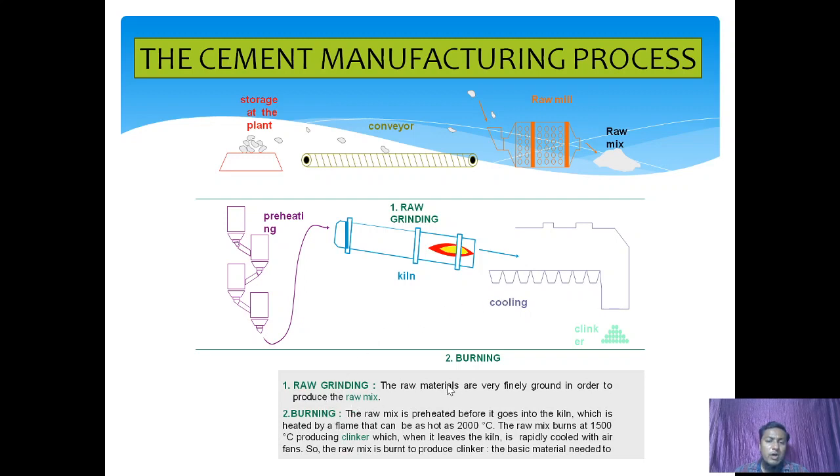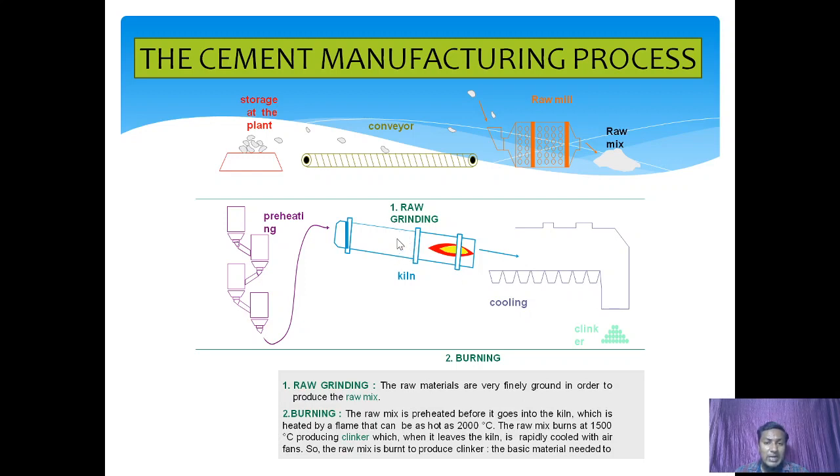so the raw materials are finally ground in order to produce the raw mix, and the raw mix is preheated before it goes into the kiln.